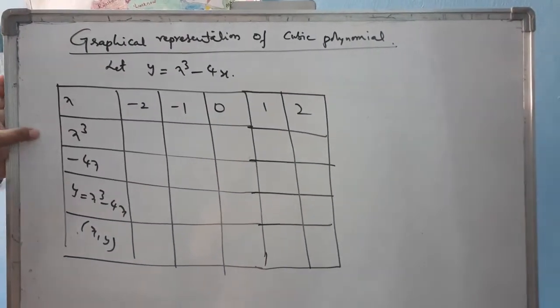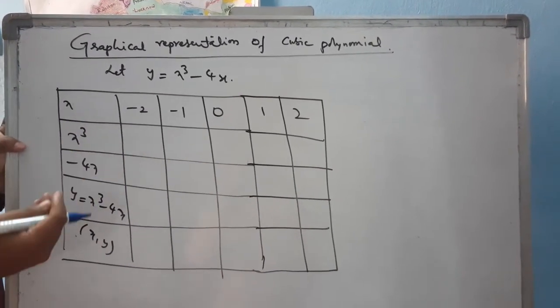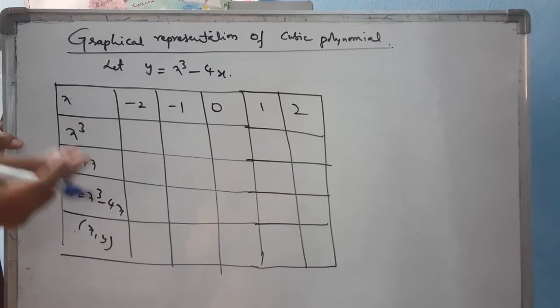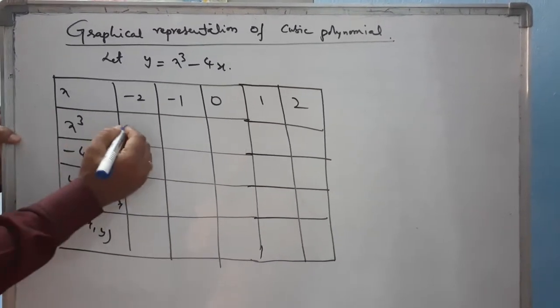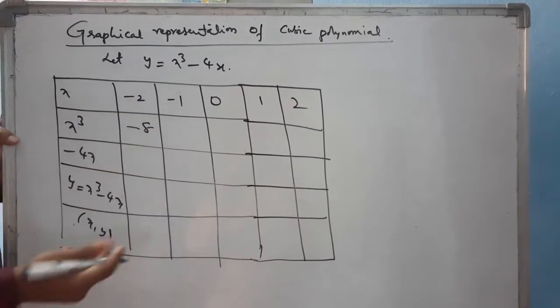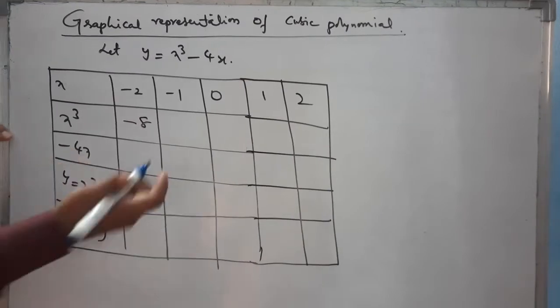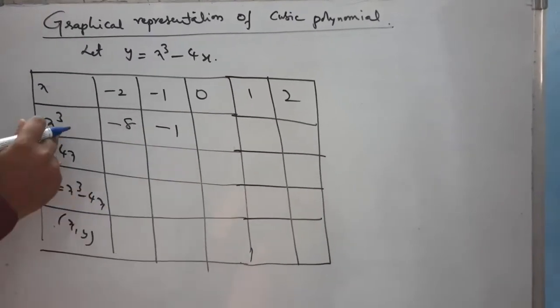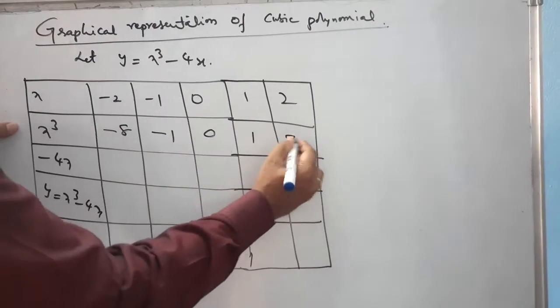So x cube means minus 2 whole cube. Minus 2 whole cube means minus 2 into minus 2 into minus 2. Minus into minus is plus, plus into minus is minus. 2 cube means 8, so it is minus 8. Minus 1 whole cube: 3 times multiplication, the minus stays minus, so minus 1. 0 cube means 0. 1 cube means 1. 2 cube means 8.